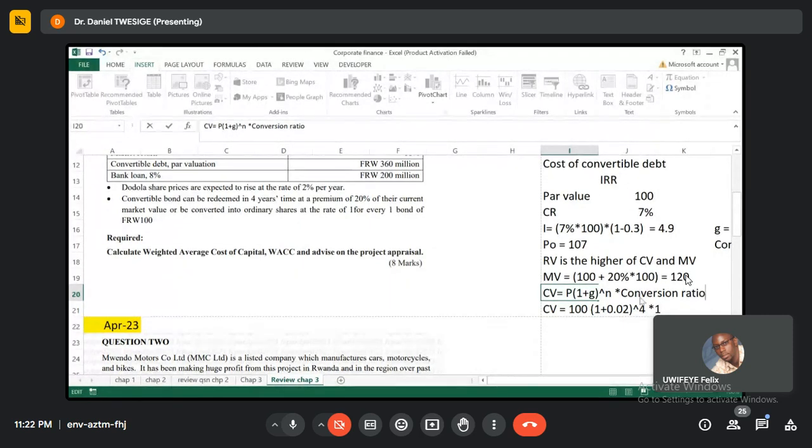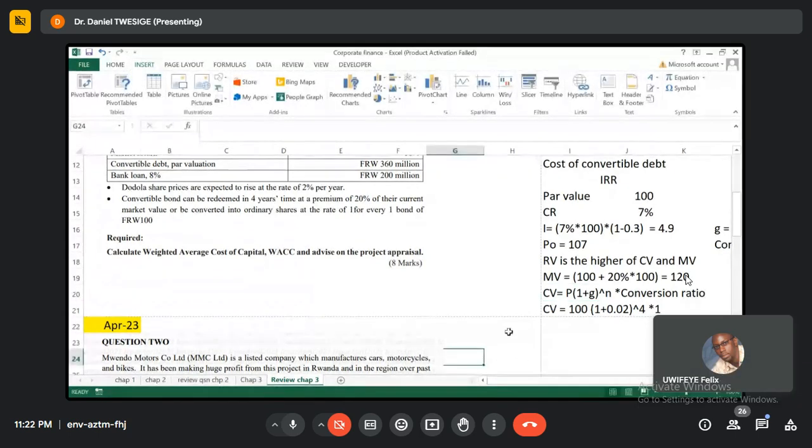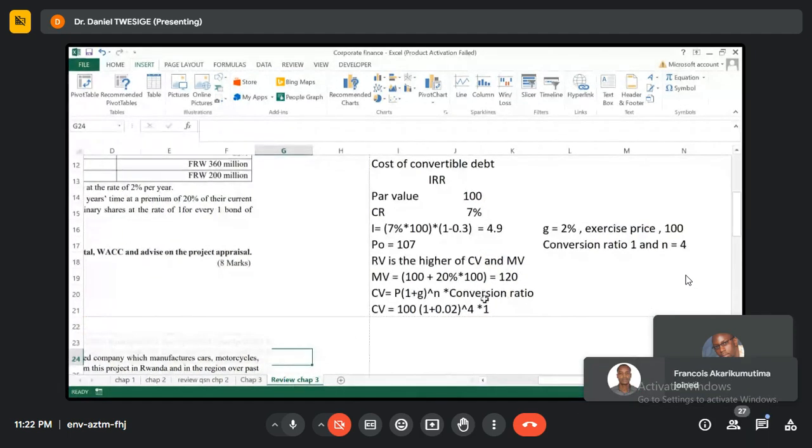What do you get then with your calculator? What do you get? Members, you are delaying and time is going.